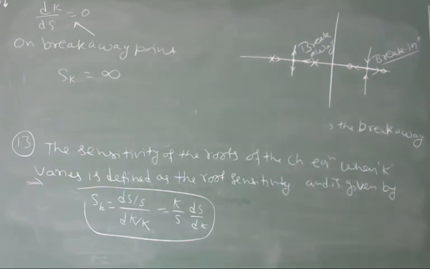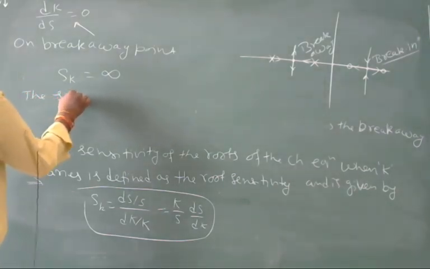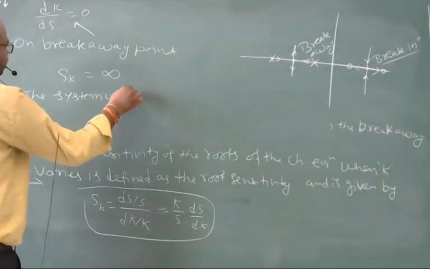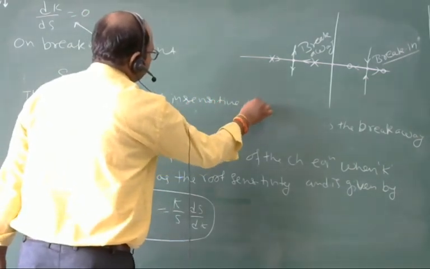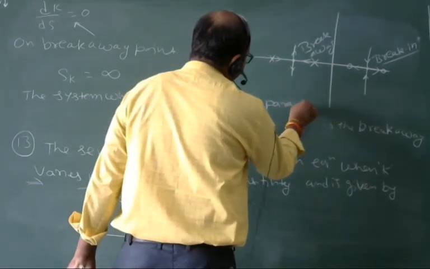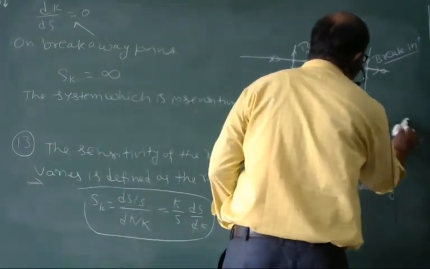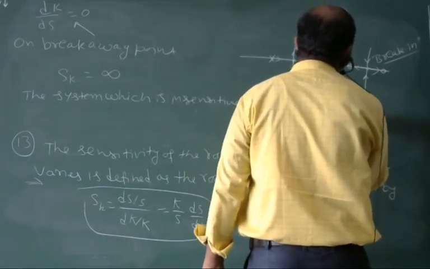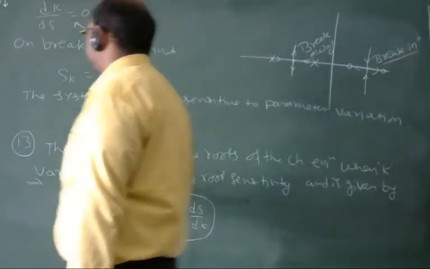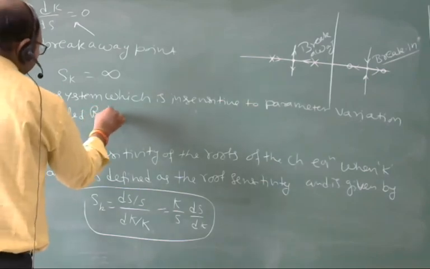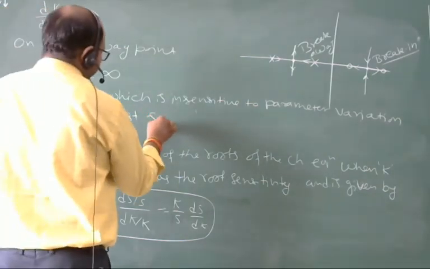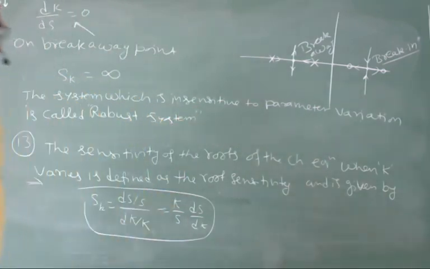And the system that is insensitive to parameter variation is called a robust system.